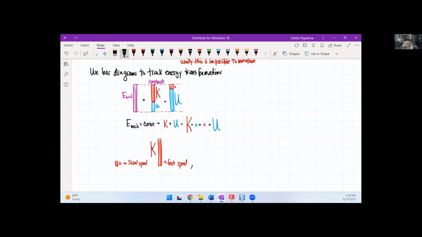But this is also true for potential energy. So if I have a tiny gravitational potential like this, that tells me that this is a low height. But if I have a large potential energy like this, that's going to tell us that this is a high height.